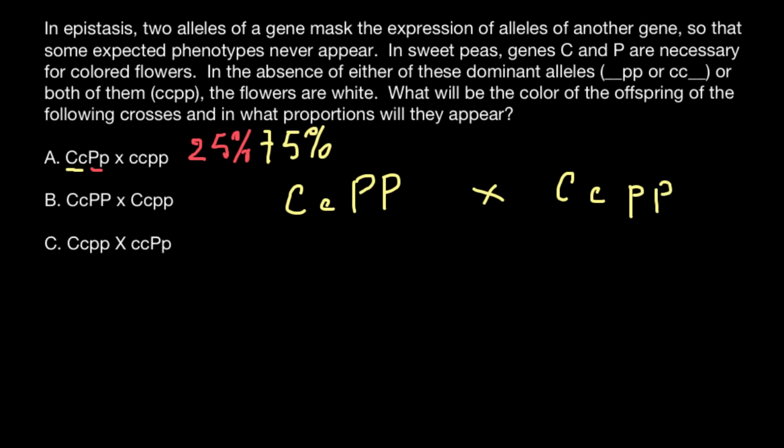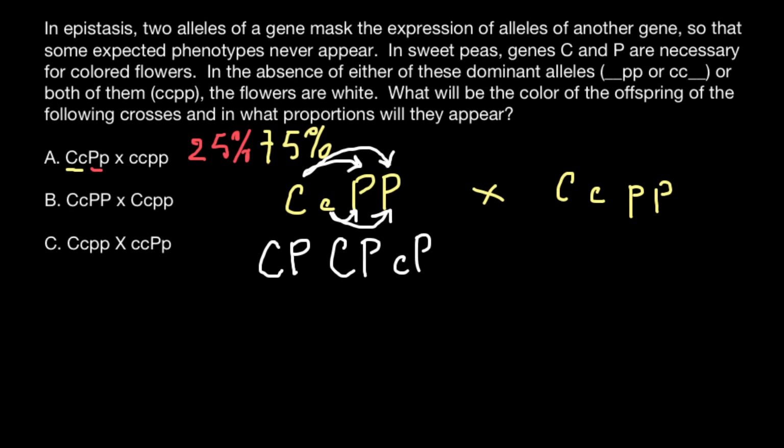So once again, the first possible gametes would be capital C and capital P. The second variant would be, once again, capital C and capital P. Here we would have small c, capital P, and small c, capital P.